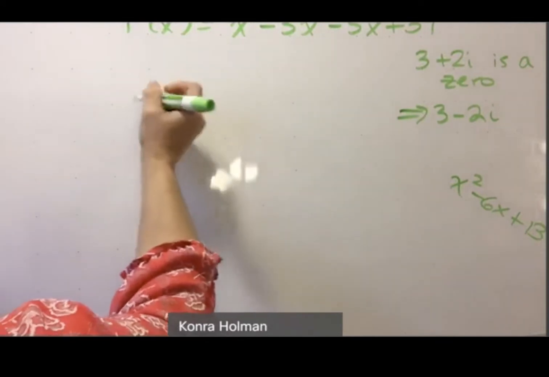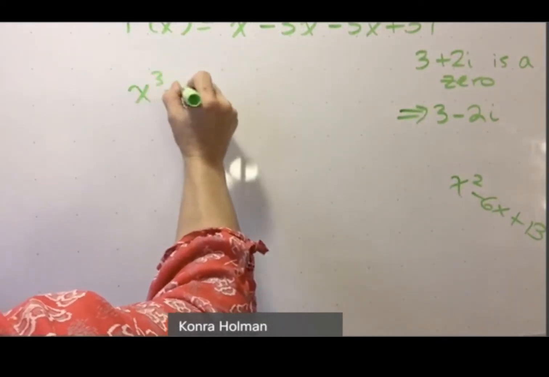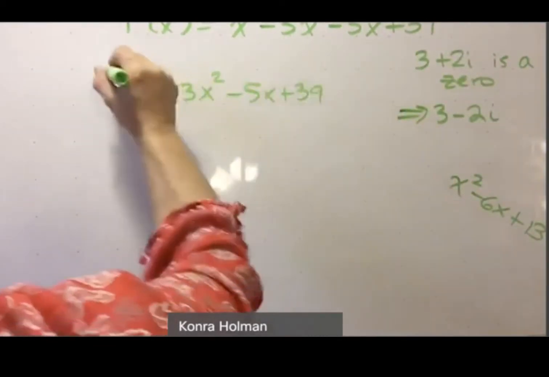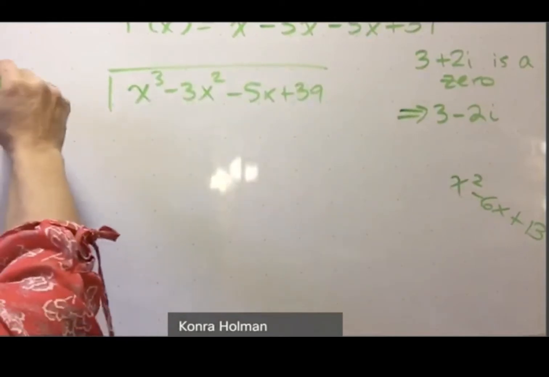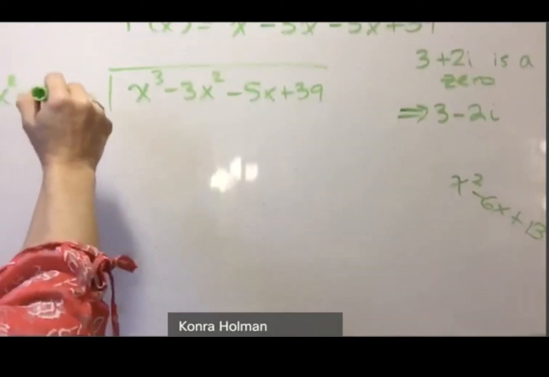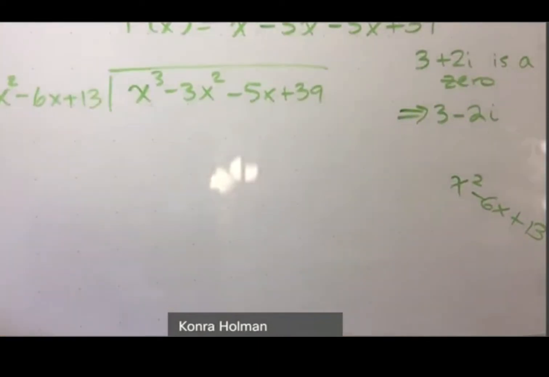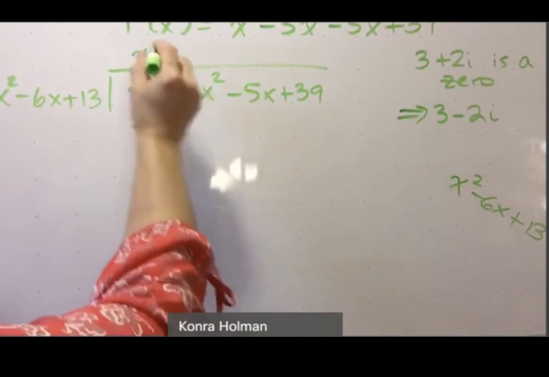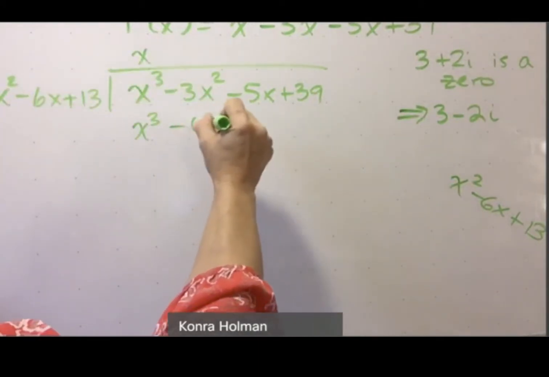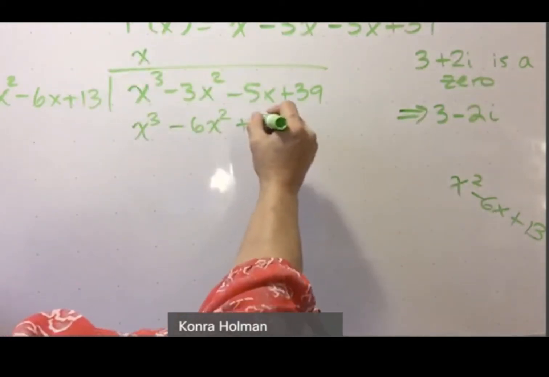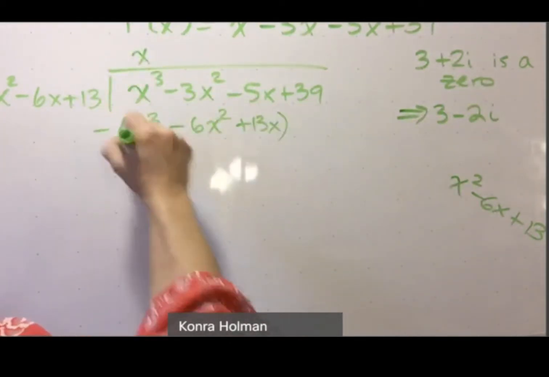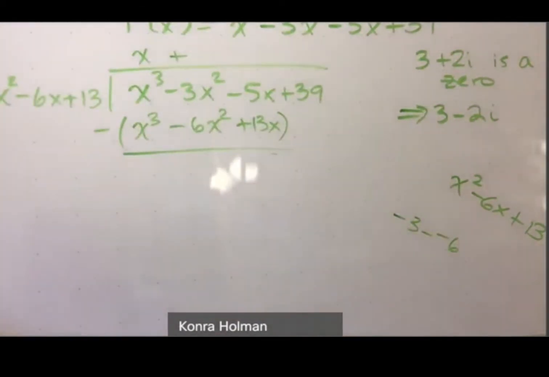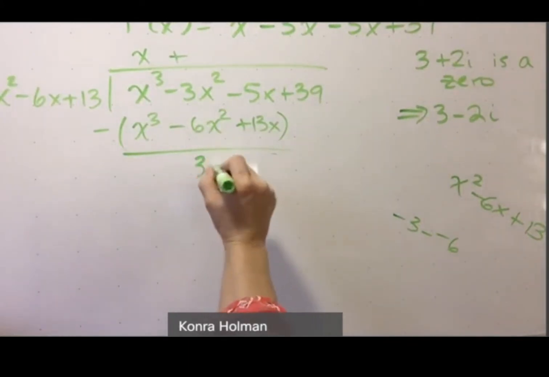So what I can do is I can take my original function and divide. Photo bomber, video bomber. So x divided by x squared is x. So then x times x squared is x cubed. X times negative 6x is negative 6x squared. X times 13 is 13x. You know, a lot of times I suggest to write that work out on the side. Yeah, let's make that 3x squared.